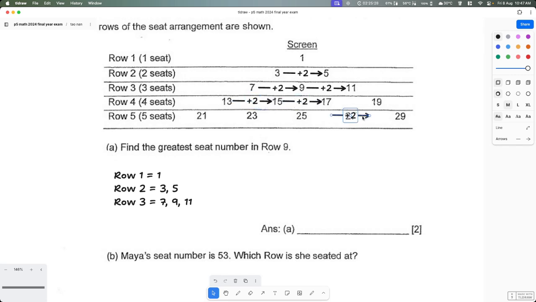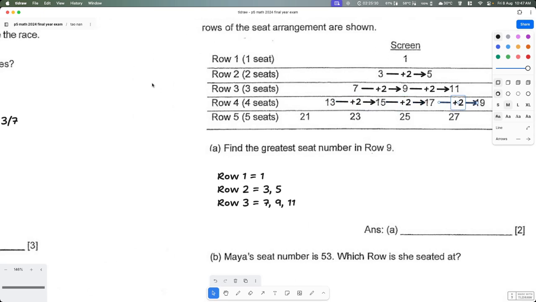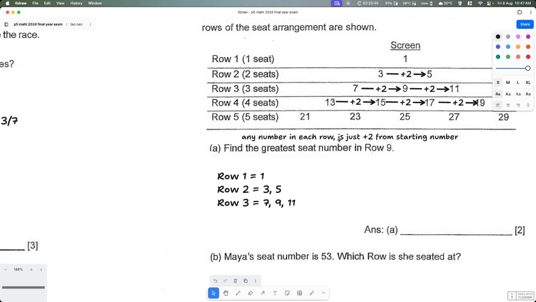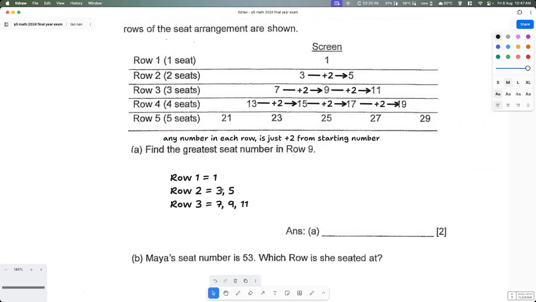Okay, so I want to write this down. Any number in each row is just plus 2 from the starting number. That's number one that we know.